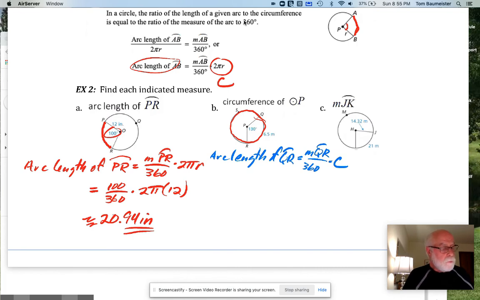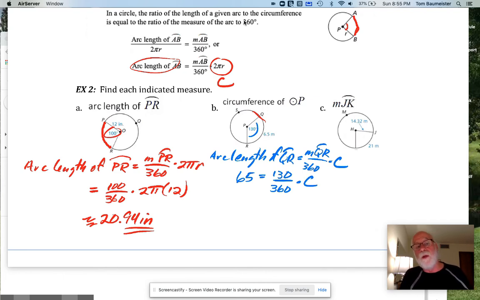All right. So again, I'm going to plug in everything that I know. I know that the arc length here is 6.5. I'm going to say 6.5 is equal to, we know that the measure is 130 divided by 360. And again, since we said circumference, we're not going to worry about 2 pi r.